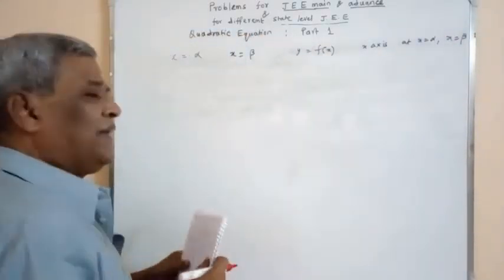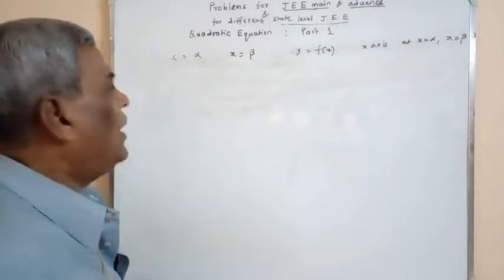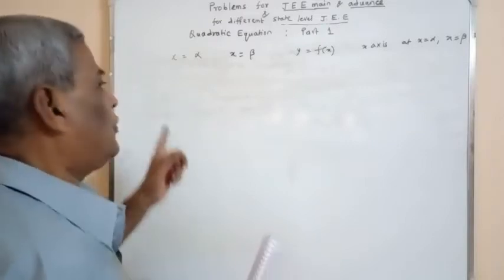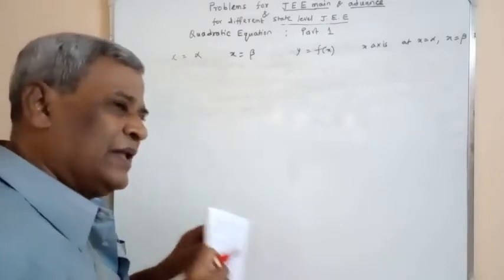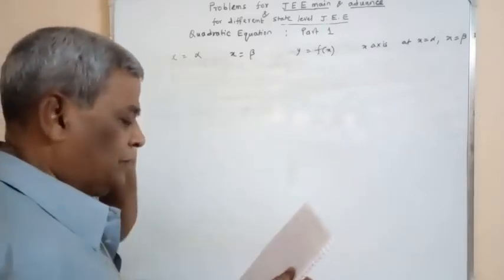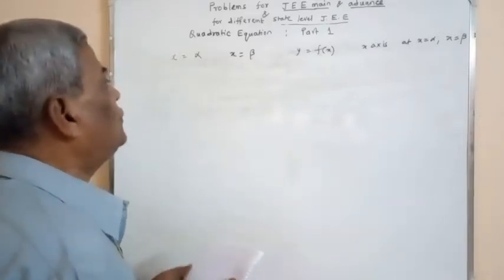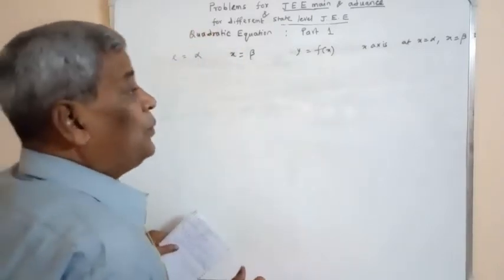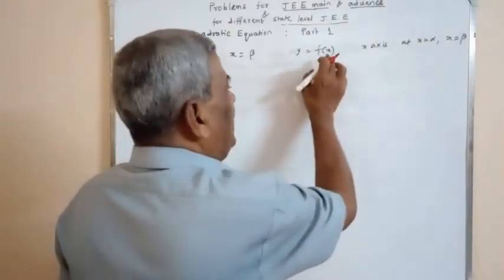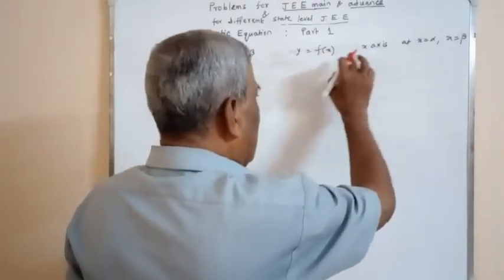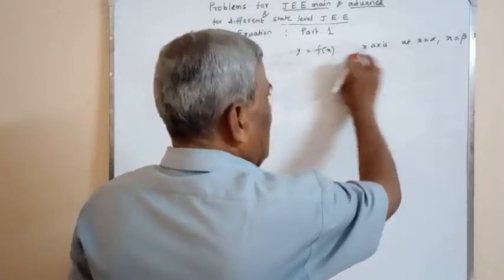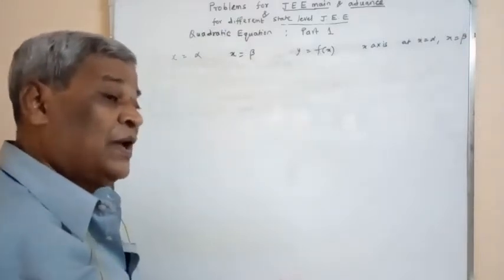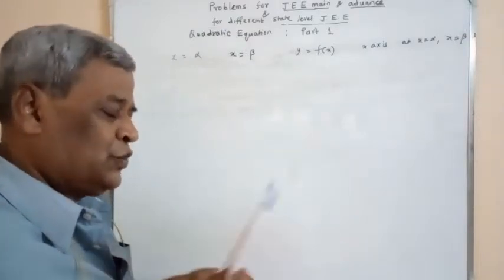It means f(x) is equal to 0. f(x) in general, I am discussing not only for quadratic equations but any general equation. So provided y is equal to f(x) meets the x-axis at the points x is equal to alpha and x is equal to beta, and this is true for quadratic equations also.